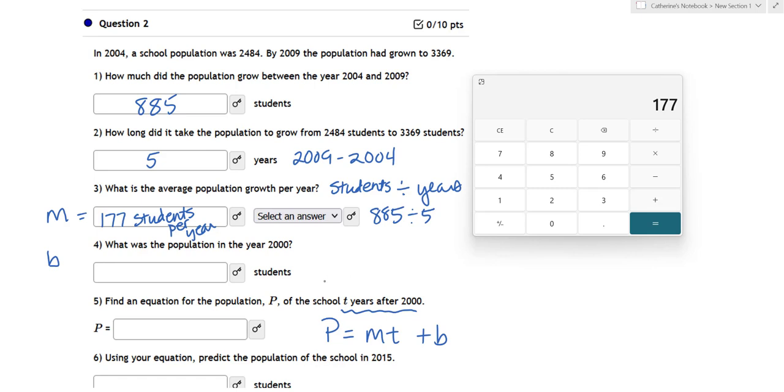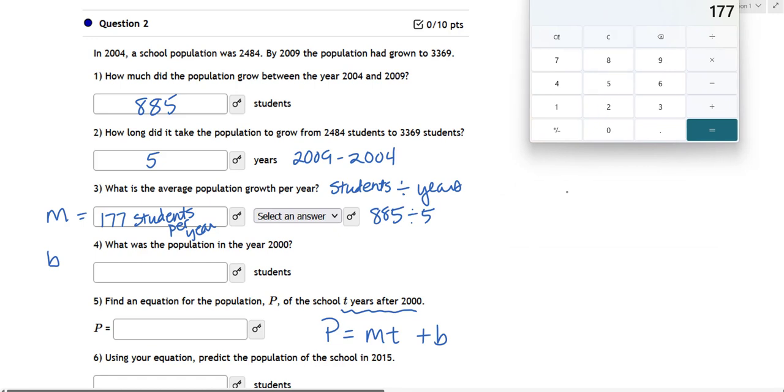There are different ways to do that. You might think, well, it's changing by 177 students each year, and it's increasing each year. So if we back it up from 2004, since that's closer to 2000, that means we're decreasing 177 students per year for 4 years to get back to 2000.